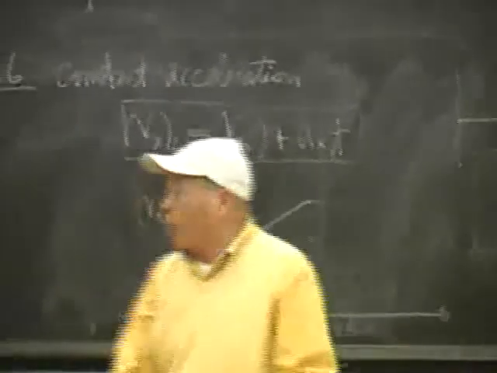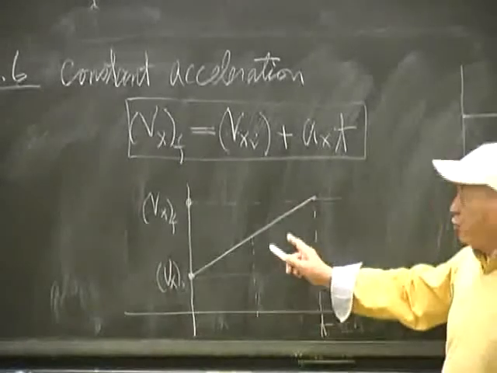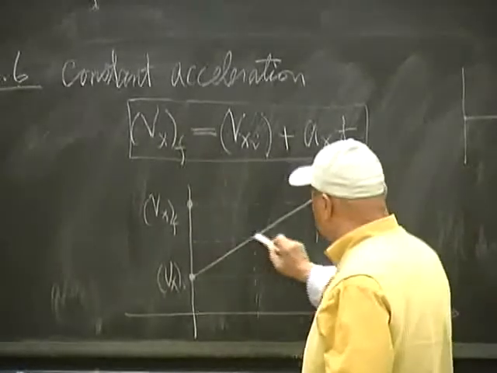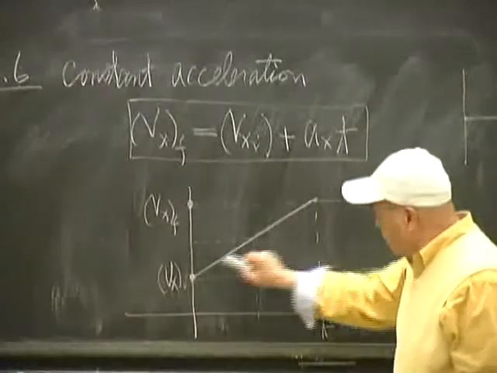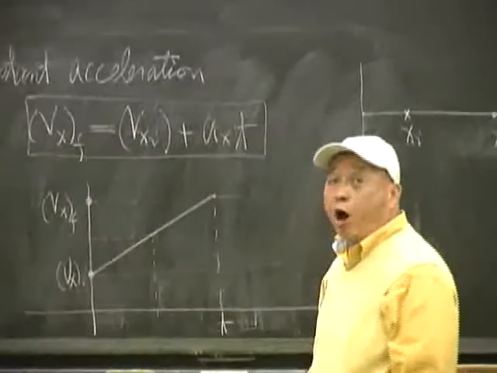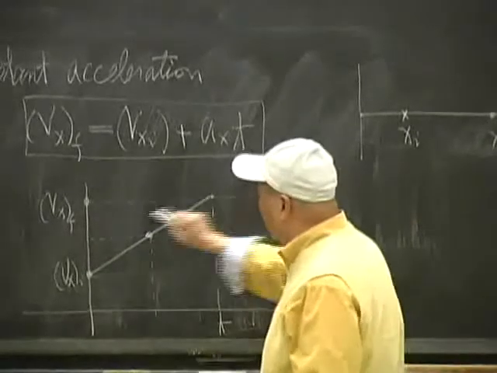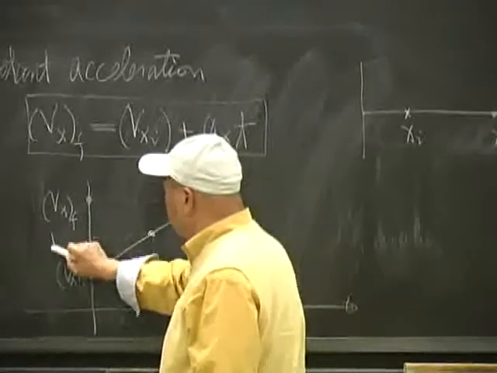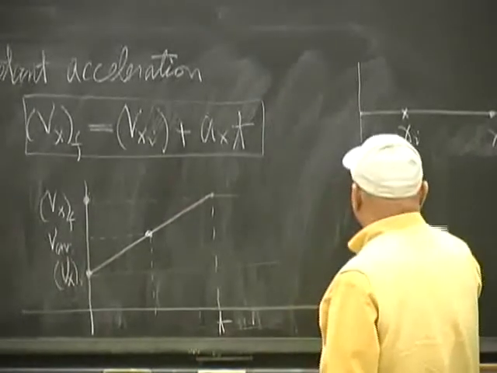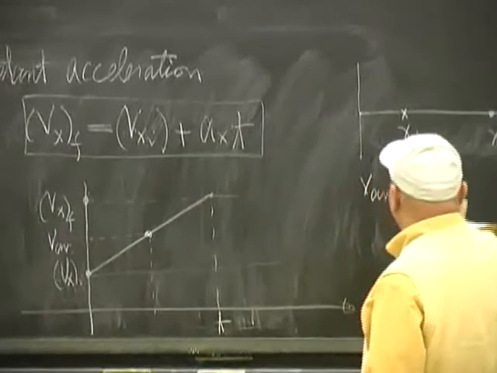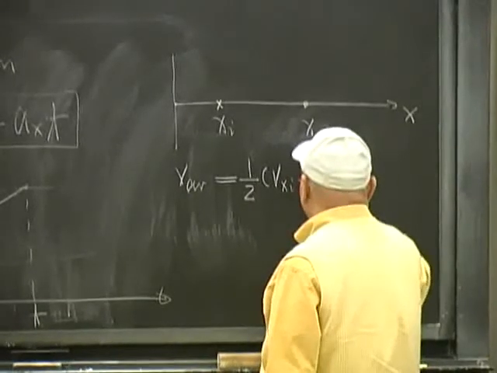Another point is what happens in here. This is called the average velocity. It is in the middle, and from the geometry and trigonometry point of view, if this is the middle, then this one is considered v average. So the average velocity is equal to 1/2 times v sub xi plus v sub xf.